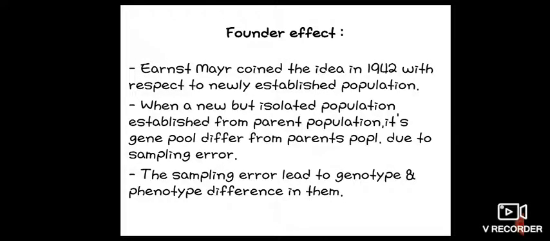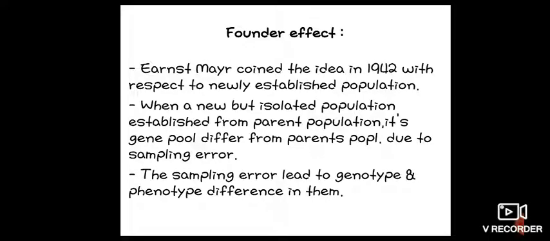According to him, when a new but isolated population is established from the parent population, its gene pool differs from that of the parent population due to sampling error. This leads to genotype as well as phenotype differences in them.